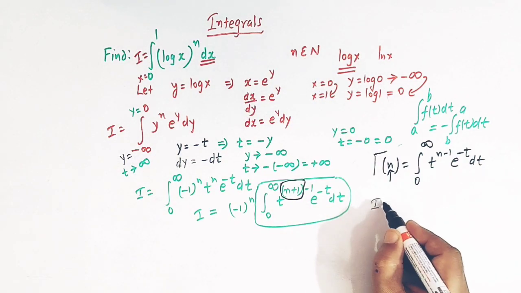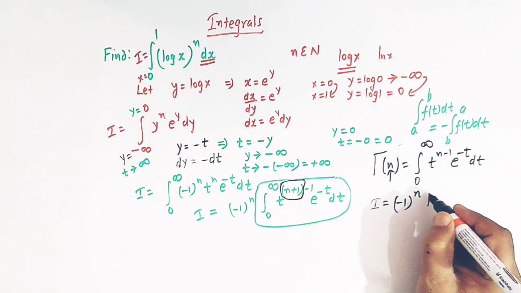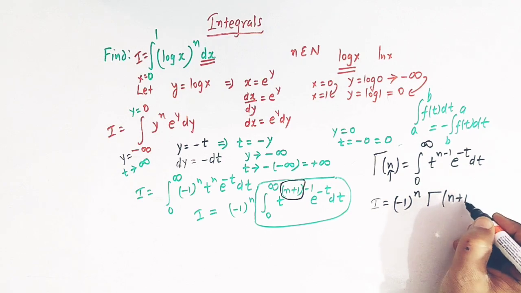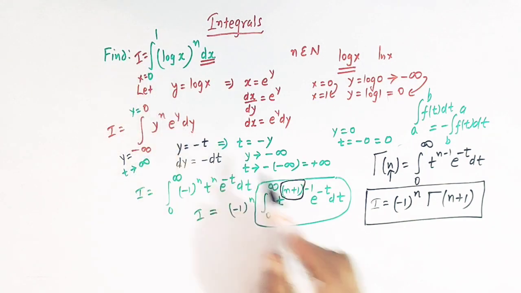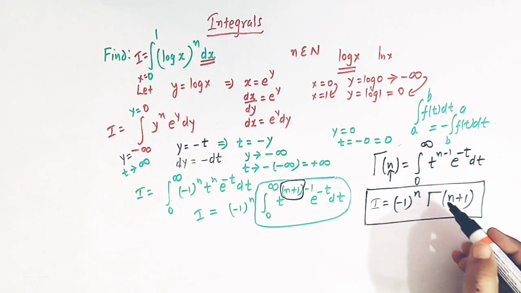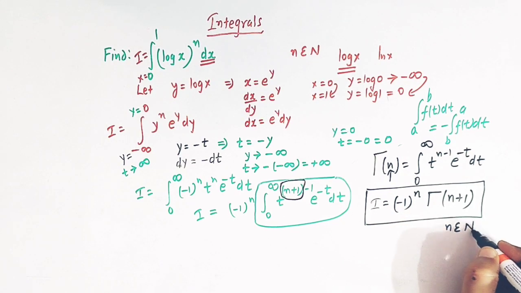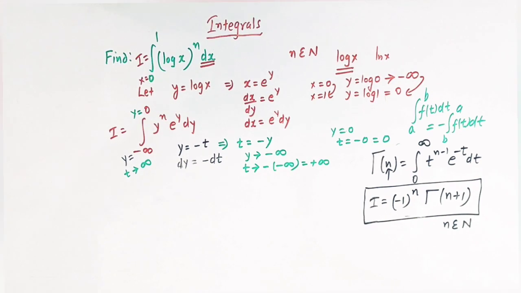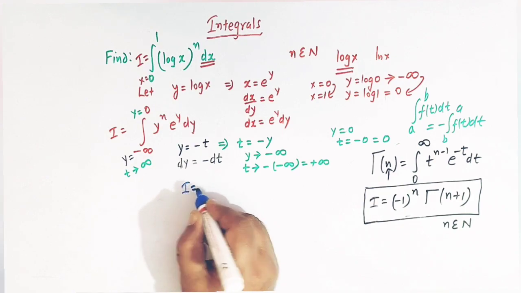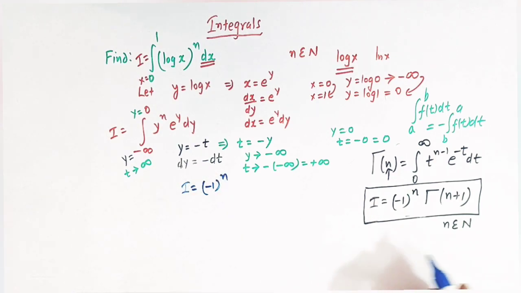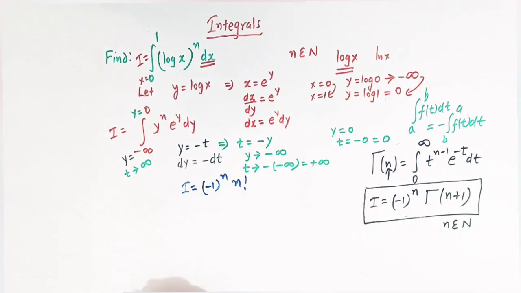So now this integral I is given by minus 1 raised to n, and here we have gamma of n plus 1, right? So the value of this integral is minus 1 raised to n gamma of n plus 1, where n belongs to the set of natural numbers. So viewers, we can also express this result as I is equal to minus 1 raised to n, and gamma of n plus 1 can be written as n factorial, right?